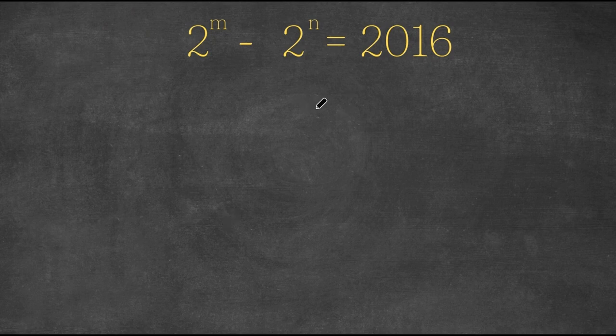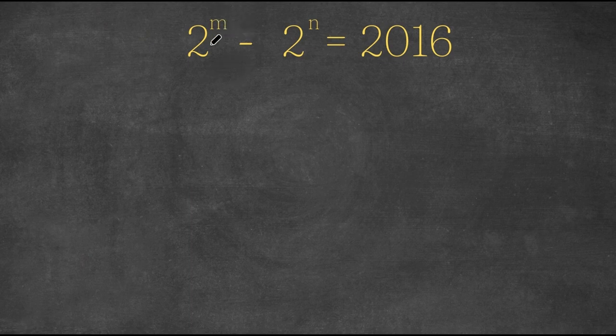In today's video, I'm going to be teaching you guys how to solve this exponential equation. So we have 2 to the power of m minus 2 to the power of n is equal to 2016. Now, by knowing this, we could decipher a couple things.